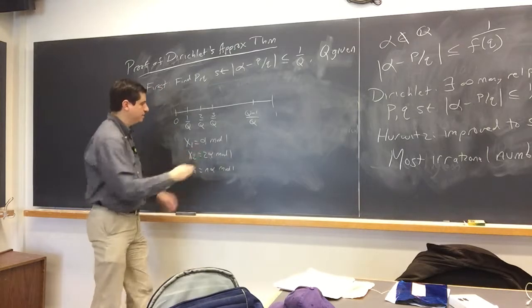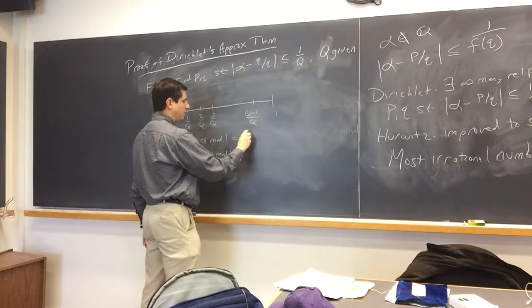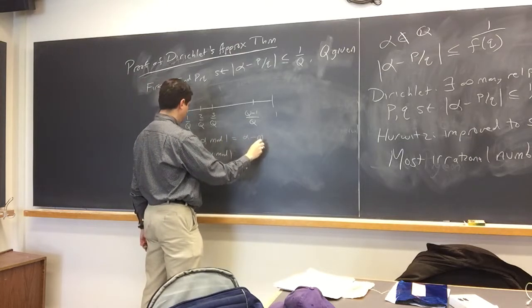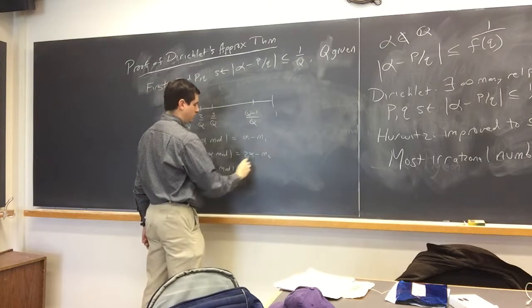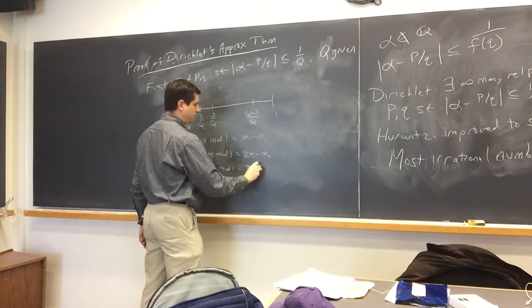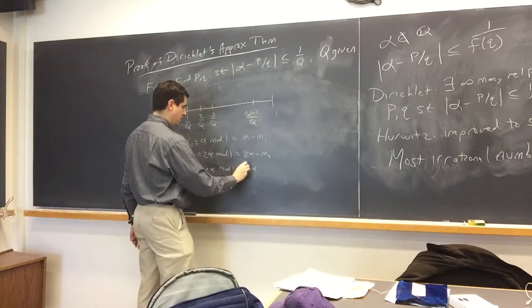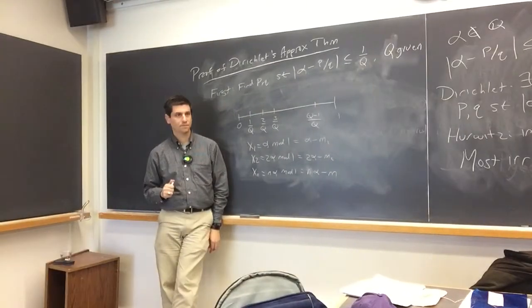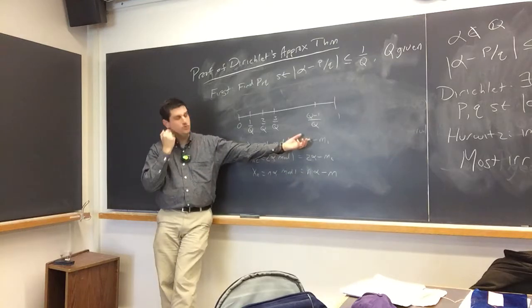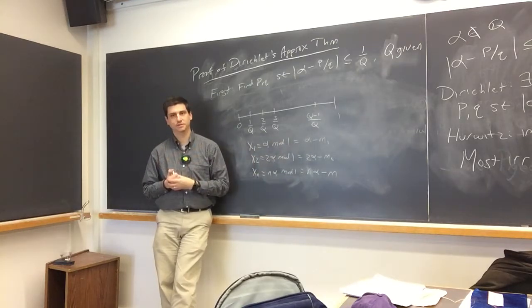So what this will mean is this is going to be alpha minus m1. This would be 2 alpha minus m2. This would be 3 alpha, this would be n alpha minus m. For each one of them, there is a unique m associated.